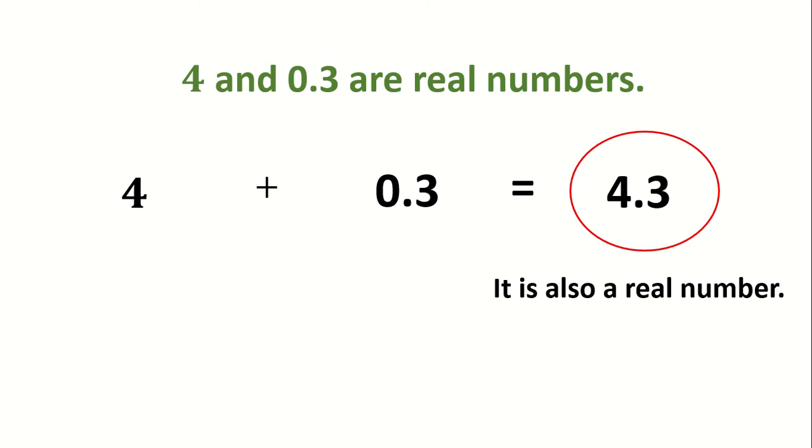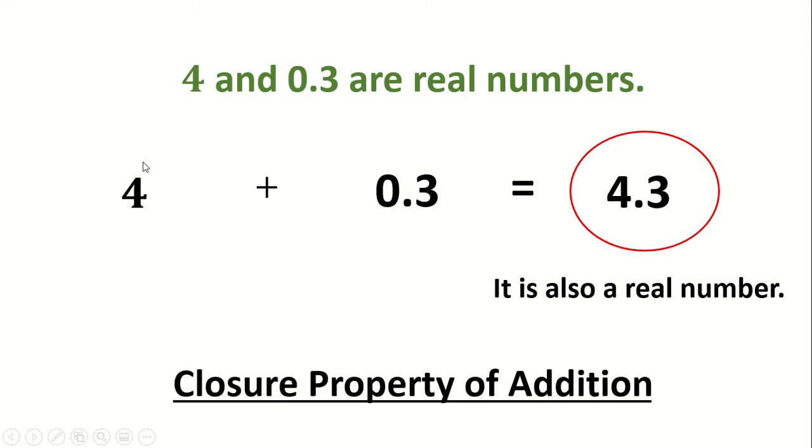Take note, 4.3 is also a real number. So what does it mean? 4, which is a real number, added with another real number, will give you also a real number. This is the closure property of addition. Why of addition? Because you're adding.